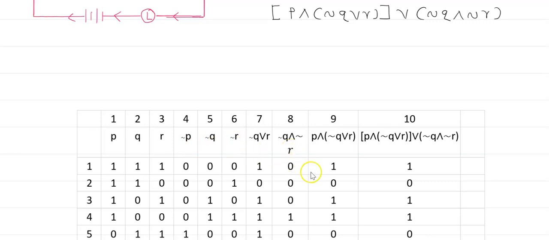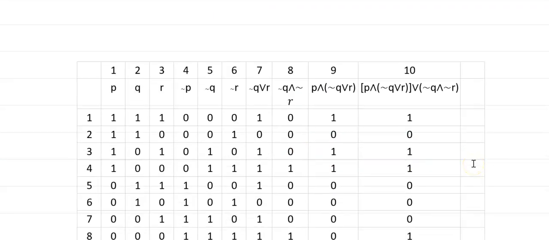Using this, we perform the OR between column number 8 and column number 9, and in this way we will get the truth table.